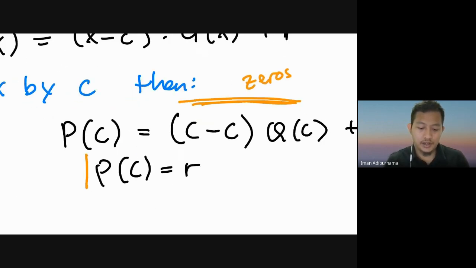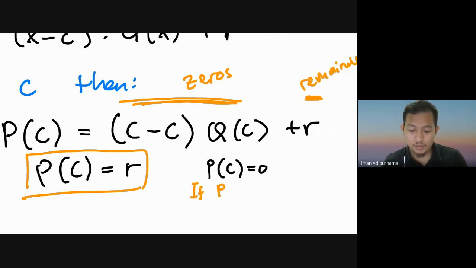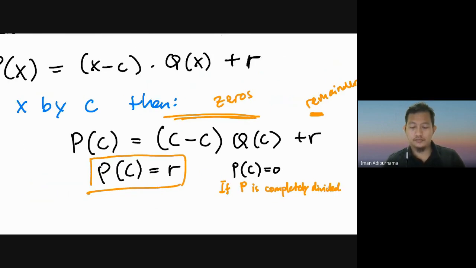So if the polynomial is completely divided, there's no remainder, so this will be 0 if p is completely divided. I hope you can connect all the things you learned from quadratics, general polynomials, and now this remainder theorem.